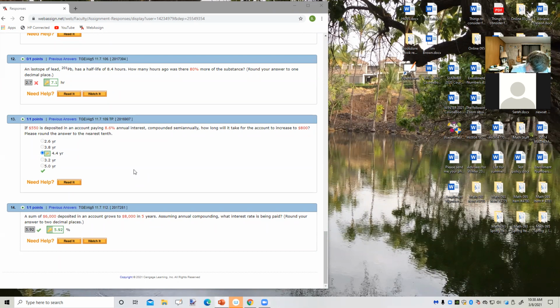A equals A sub 0, 2 to the negative T over H. And we know that the half-life H is 8.4 hours. How many hours ago? So time is the unknown. But this one is a little bit different because it's going into the past. So it says, how many hours ago was there 80% more of the substance?